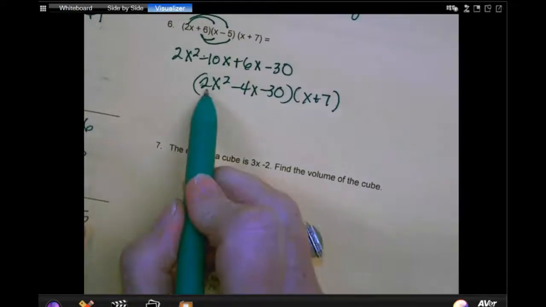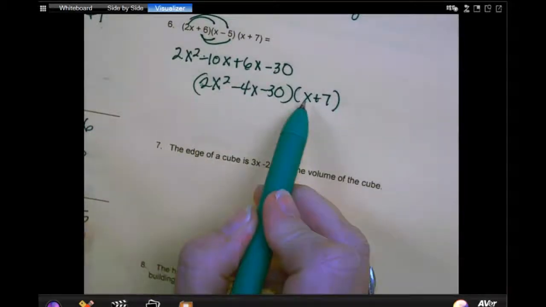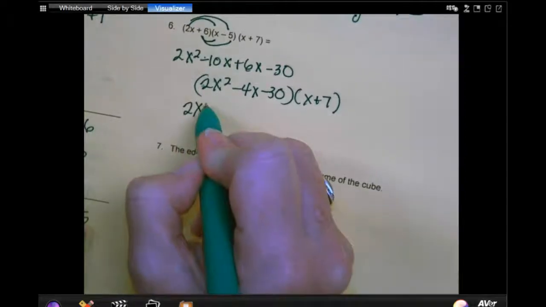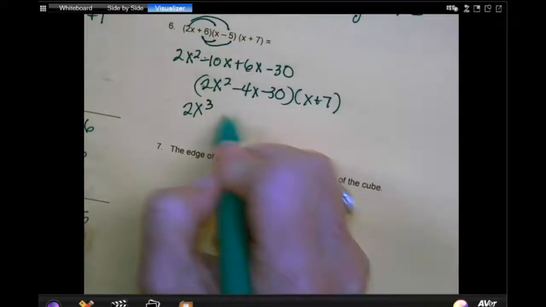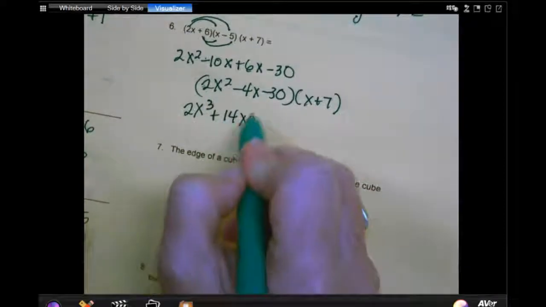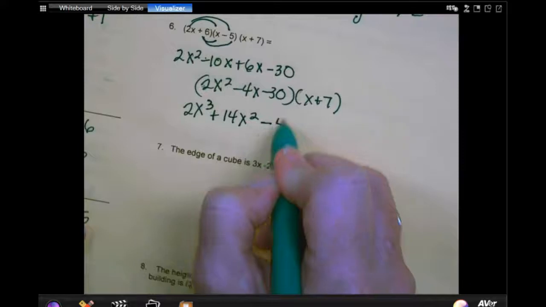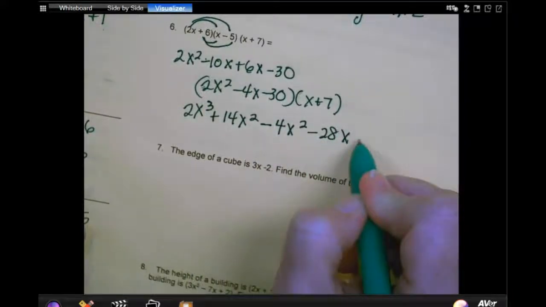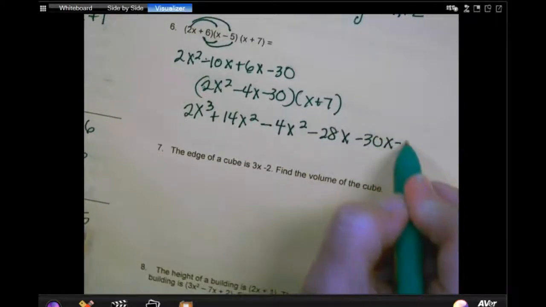So when I take the 2x squared times the x, what do I get? What's the exponent on the x? 3. And then plus 14x squared minus 4x squared minus 28x minus 30x minus 210.